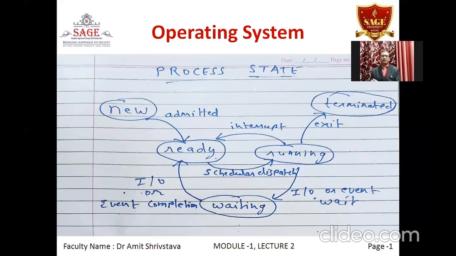Since the buffer of the printer is also a very high speed memory and can communicate with the CPU at the same speed, the 10 pages will be kept in the buffer, and then the printer will slowly start taking pages one by one from the buffer and printing them. Once all the 10 pages are printed, the printer will send a hardware interrupt to the CPU that I am finished with the 10 pages, fetch me the next 10 pages.